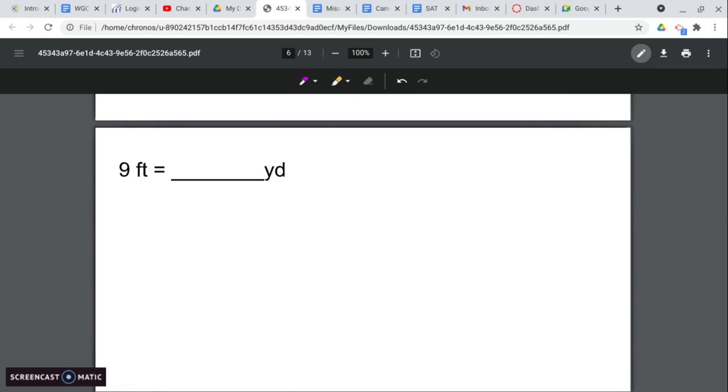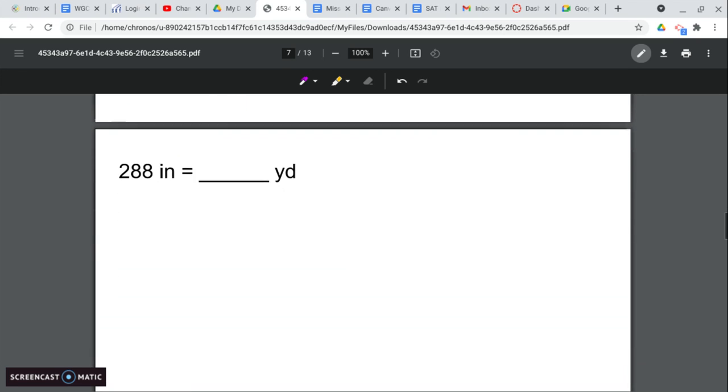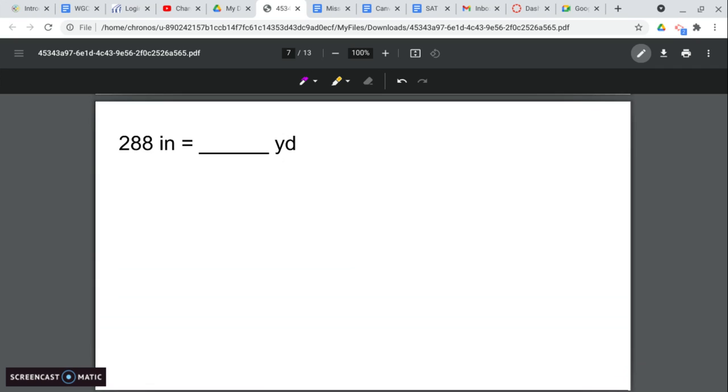All right, feet to yards. So we're going from smaller to larger, which means we divide. So we take 9 and divide it by 3 to get 3 yards. Inches to yards. So now we're going from smaller to larger. So we need to take 1 foot equals 12 inches and 3 feet equal 1 yard.